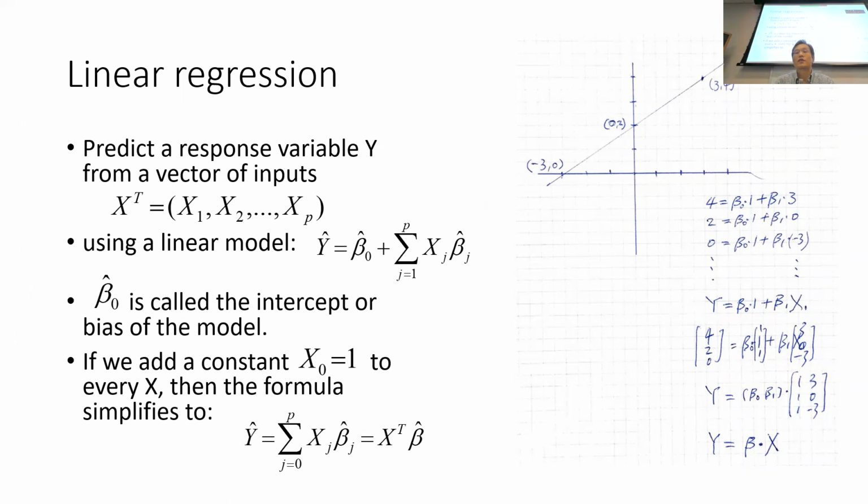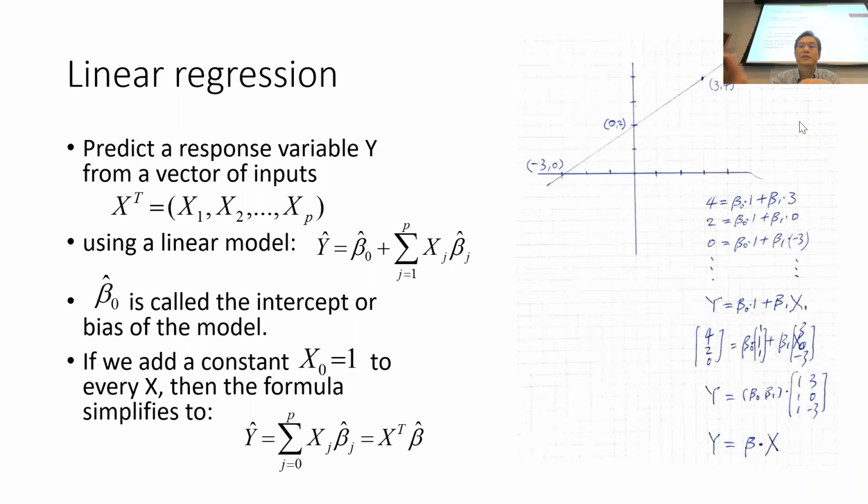In this case, so far, I will show you how we can use linear algebra to estimate the beta values here. The example I'm giving here is 3 perfect points, and these 3 points land on a single line.